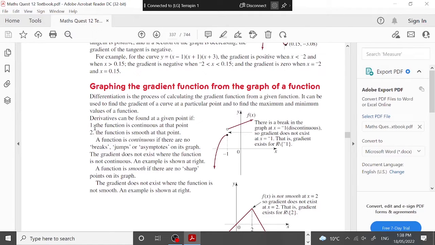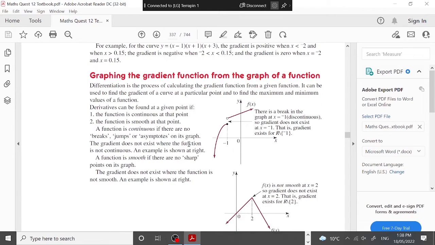So derivatives can be found when the function is continuous and as long as it's smooth as well. When we're talking about continuous, we're making sure there are no gaps in the graph. For smooth, we're looking to see, are there any sharp points? Something like this is an example of not a smooth function.